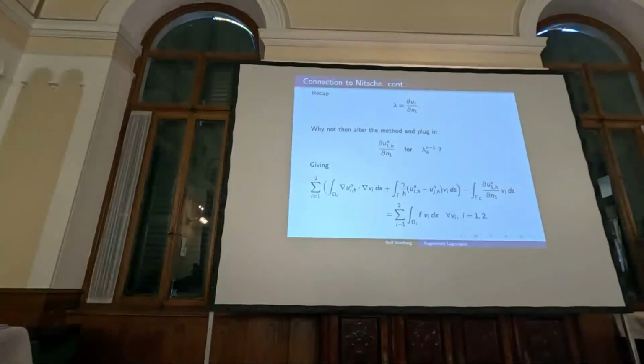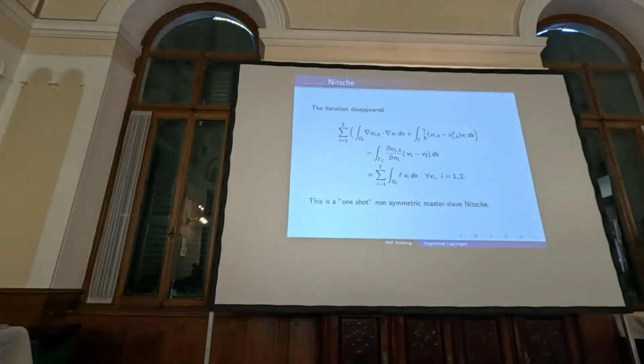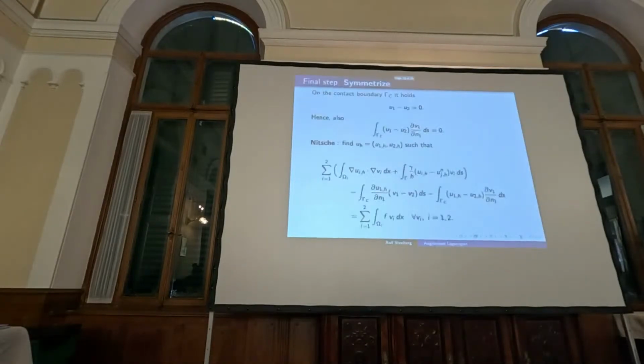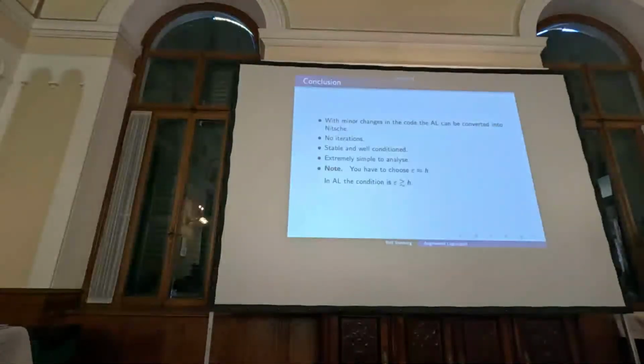Okay, so then the next step is symmetrizing. In the symmetrizing, you have that u minus 1 is 0 on the boundary, so you plug it in here as a symmetrizing term. And that's it. That's Nitsche. So minor changes in the augmented Lagrangian, no iteration, stable, well-conditioned.